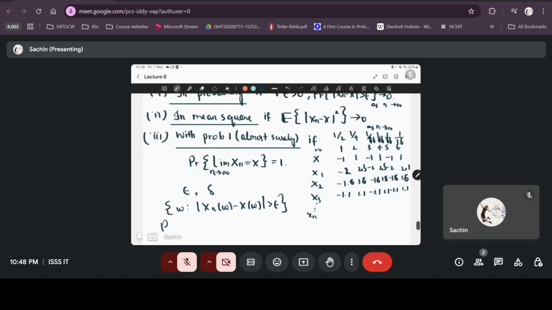Then probability that |Xn minus X| is greater than epsilon is equal to probability of the set of all outcomes such that |Xn(omega) minus X(omega)| is greater than epsilon.